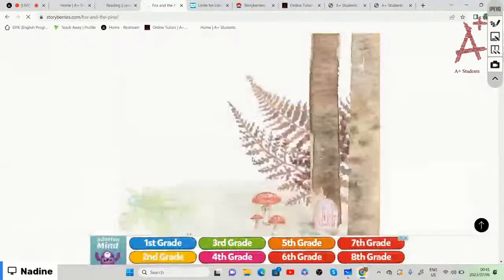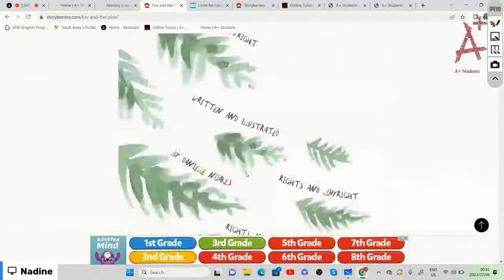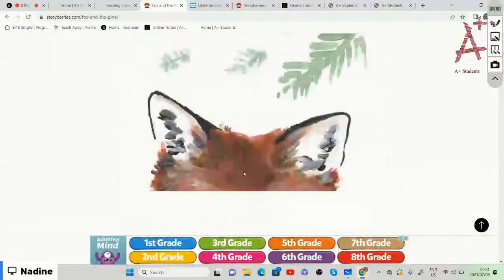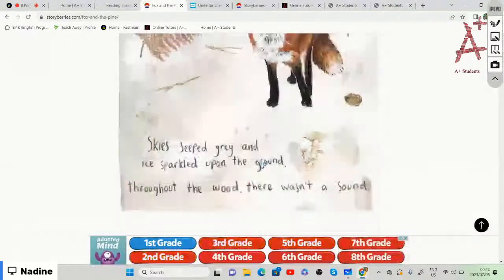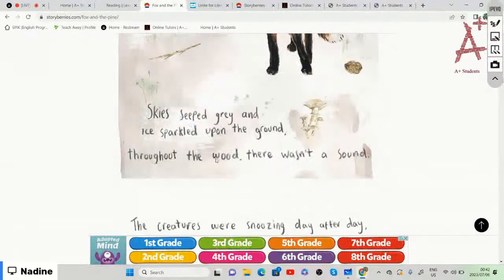So this is not an audiobook. This is basically just a normal book that you can read, right? It says skies seeped gray and ice sparked upon the ground. Throughout the wood, there wasn't a sound. If you already look at the writing, then clearly you can see that a child wrote this.